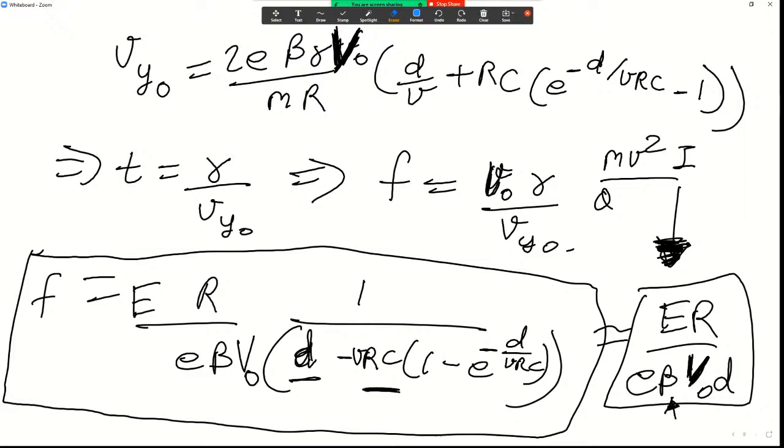We can say 2 beta E R Q was the dimension of, oh yeah, beta is like k over r cubed or something like that.